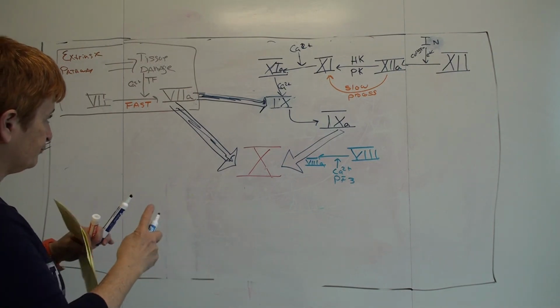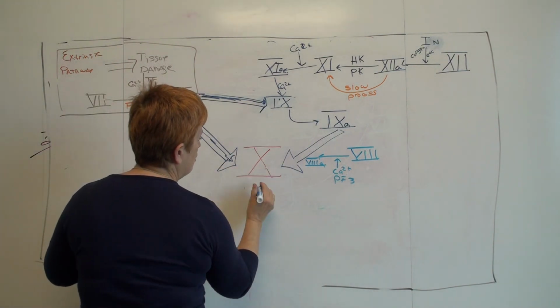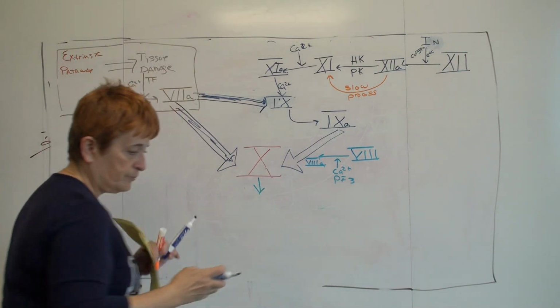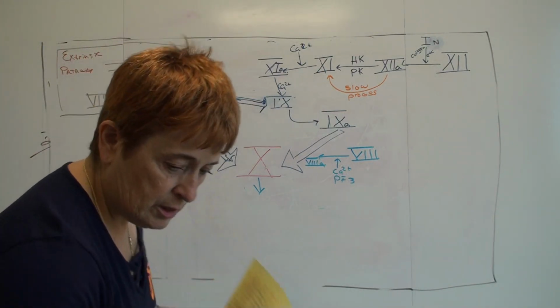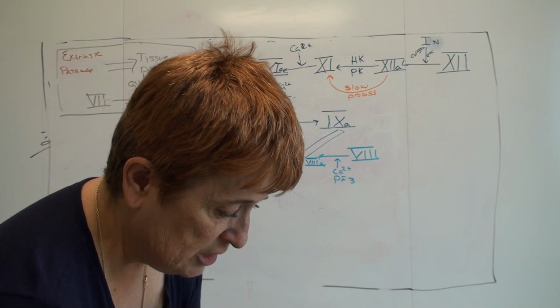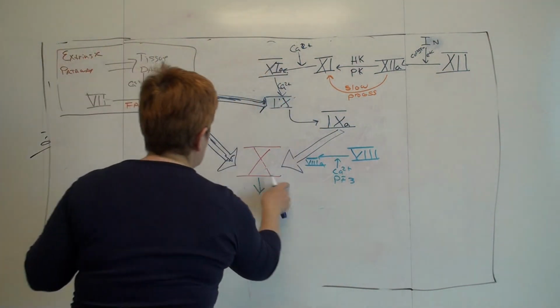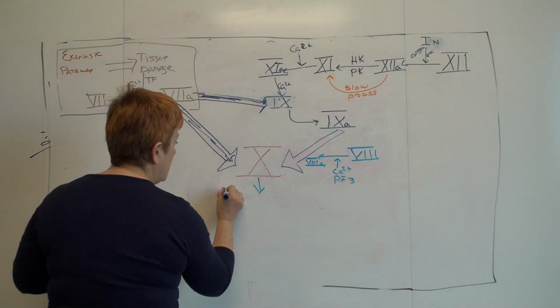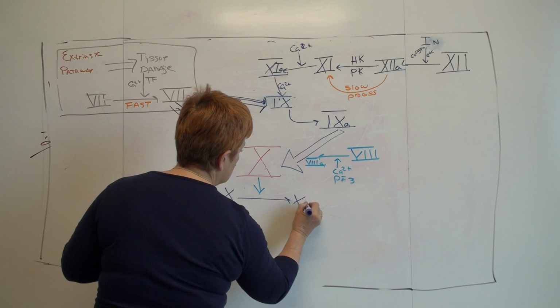Now, because both of these things are activating onto 10, I like this color. What did I do with the top? Okay. Since that's going into factor 10, these two guys are actually helping 10 go to 10A.